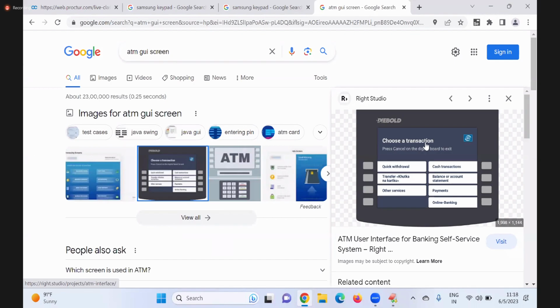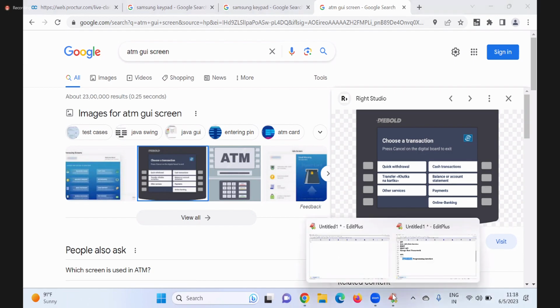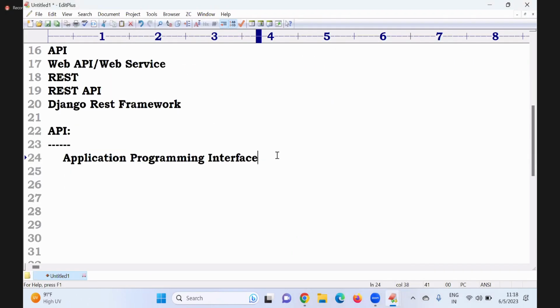Two applications are there, any application, maybe a web application, standalone application, GUI, anything. To provide communication between two applications, one API must be required. That API is nothing but application programming interface. So the API full form is application programming interface.